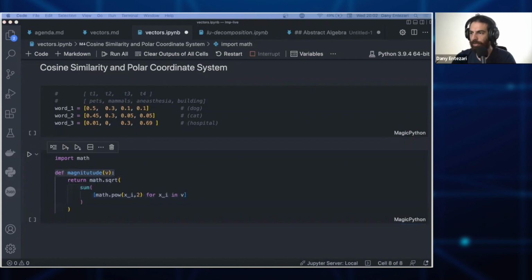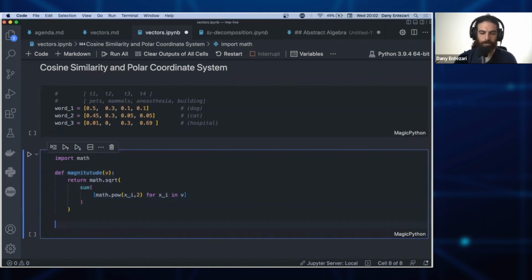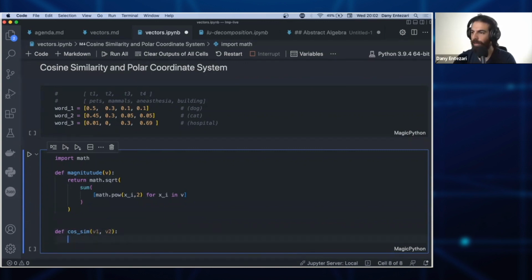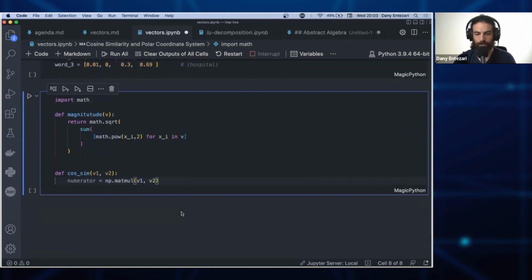To calculate cosine similarity of two vectors, we do this. This function will take two arguments, two vectors. First, we have the numerator. So we multiply these two vectors together.